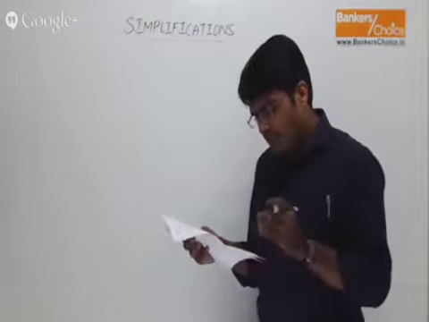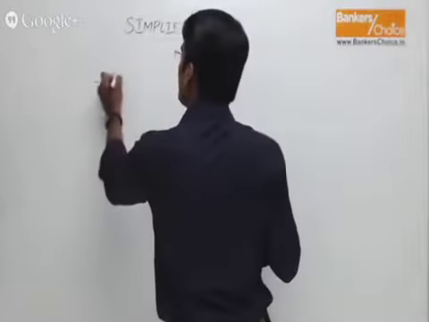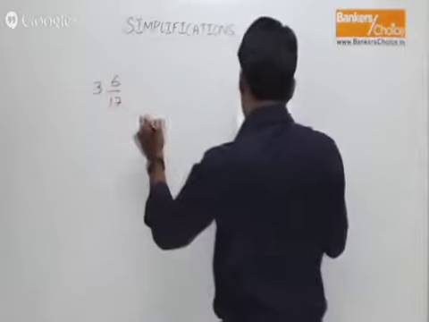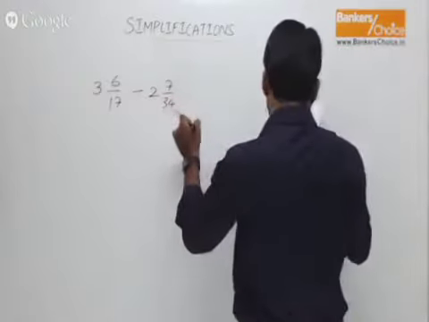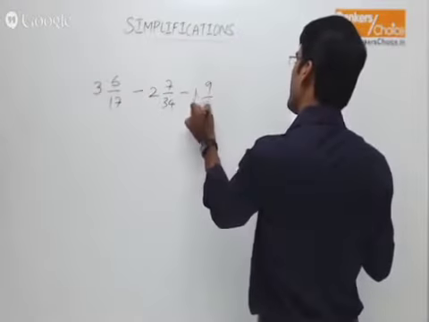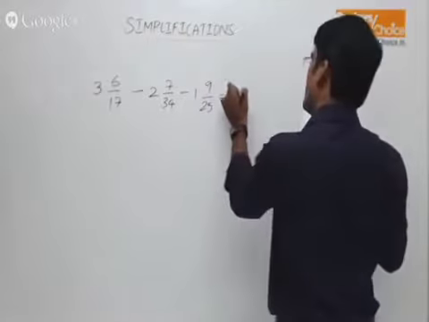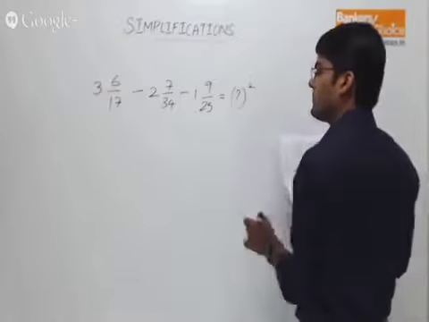For example, 3 6 by 17 divided by 2 7 by 34 minus 1 9 by 25 equals question mark squared.